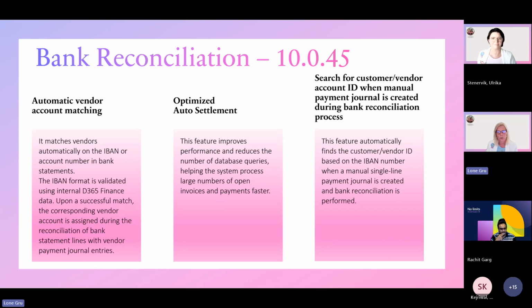You can also search for customer vendor account when a manual payment journal is created during the process. That's one of the things you can create in the rules. And because this can of course be a heavy process if you have a lot of transactions, there's also an optimized auto settlement, so that the performance is working better and better when you are working with the modern bank reconciliation.